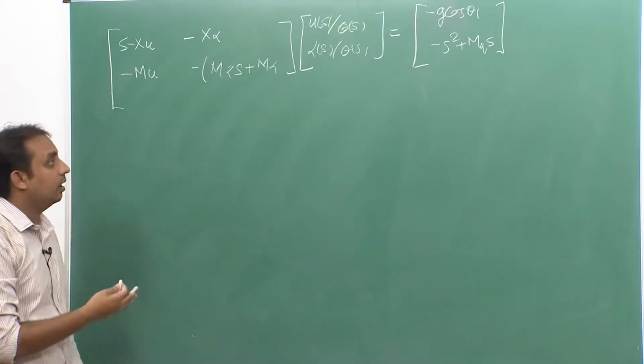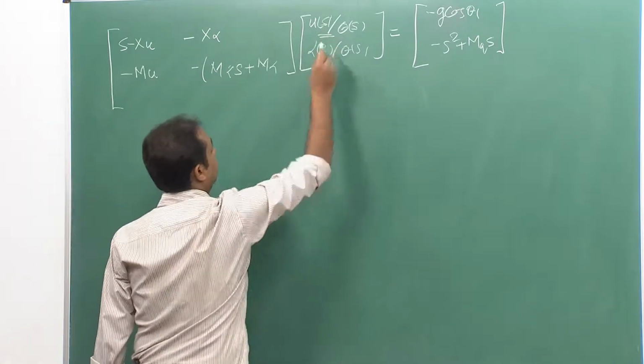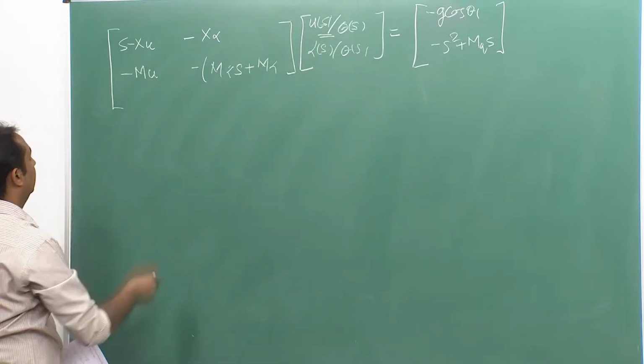Now, the best way to derive the relationship between u(s) and theta(s) is using Cramer's rule.